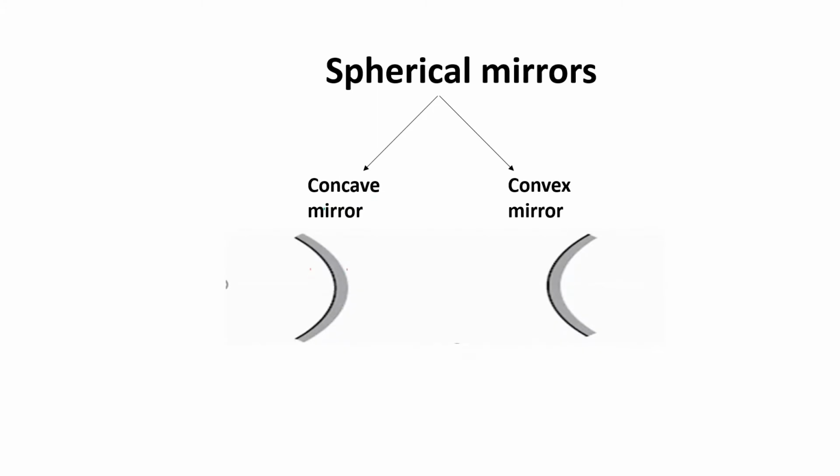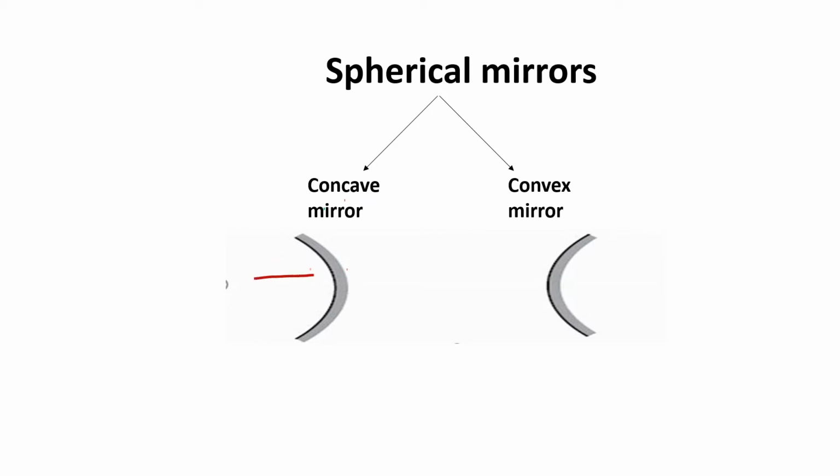You can see from this diagram, for a concave mirror, this is the reflecting surface and the other side is shaded. For convex mirror, this is the reflecting surface and the other side is shaded. This concave mirror looks like a cave.